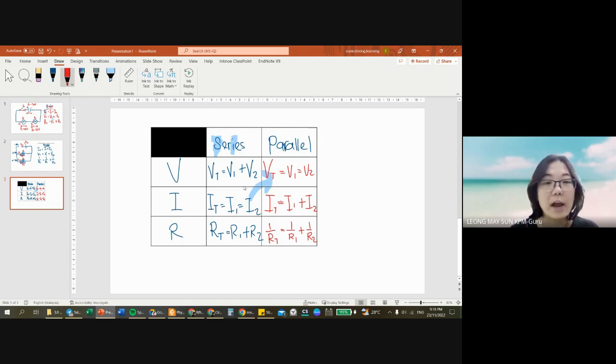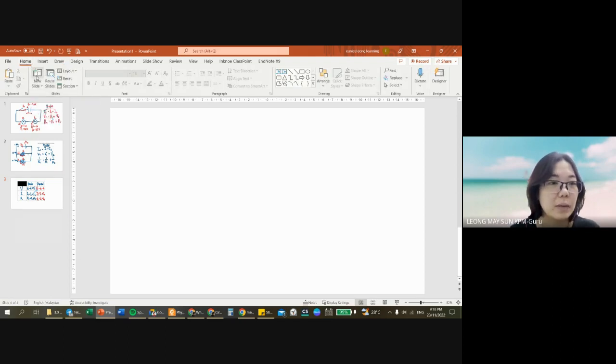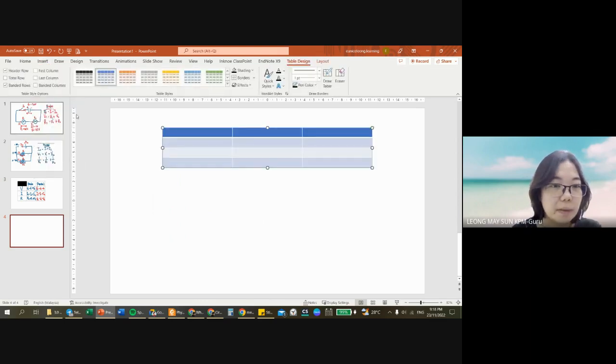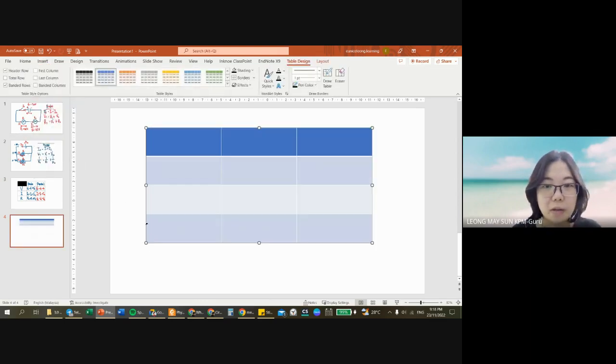Now, how do I simplify it even further? Normally we physicists want to simplify things even further.